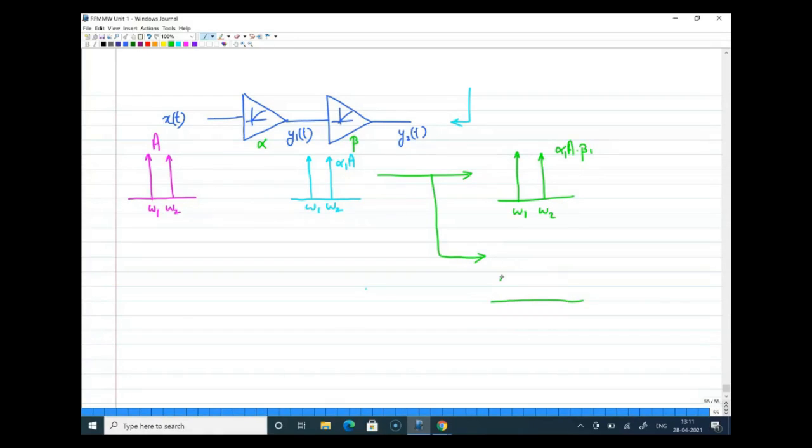That will be at the frequencies 2 omega 1 minus omega 2 and 2 omega 2 minus omega 1, and the amplitude will be alpha 1 A cubed, with the coefficient 3 by 4 into beta 3. If you have doubts, you can definitely verify this with the previous discussion we had. This will be one term.